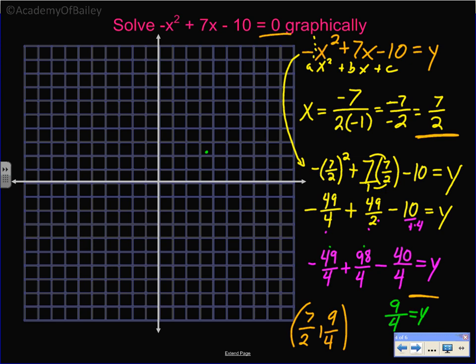I know since a is a negative value, it opens down. So I can go ahead and plot these points. And that's what it should look like.